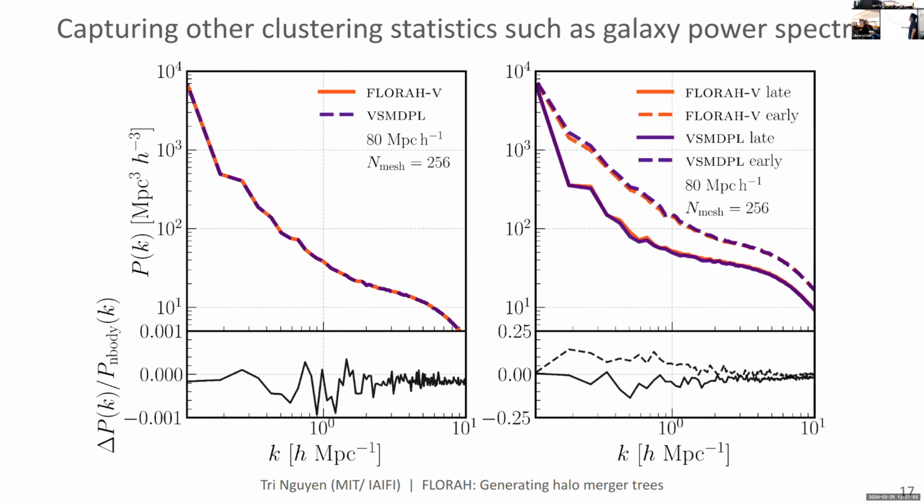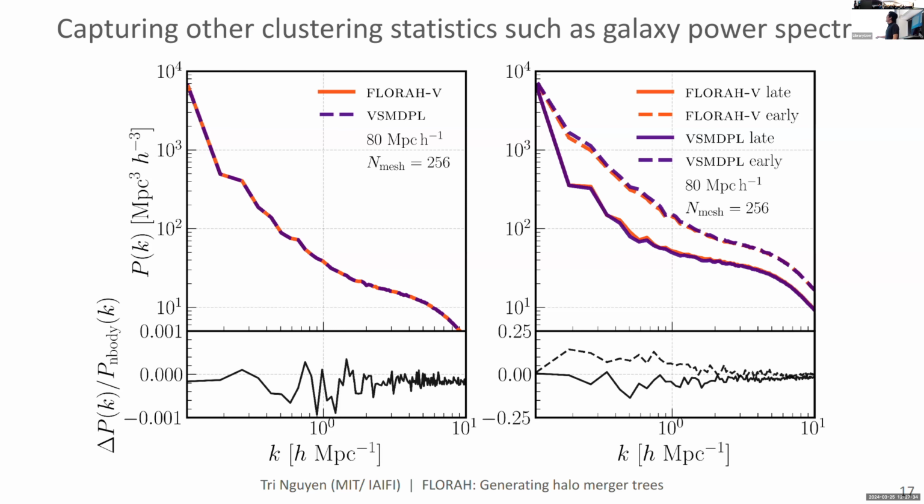You can divide them into two classes, late forming halos and early forming halos, and you can see that this is also captured really accurately. So this also shows some clustering properties that depend on the time of formation of the halo, which is also an indicator of galaxy assembly bias.